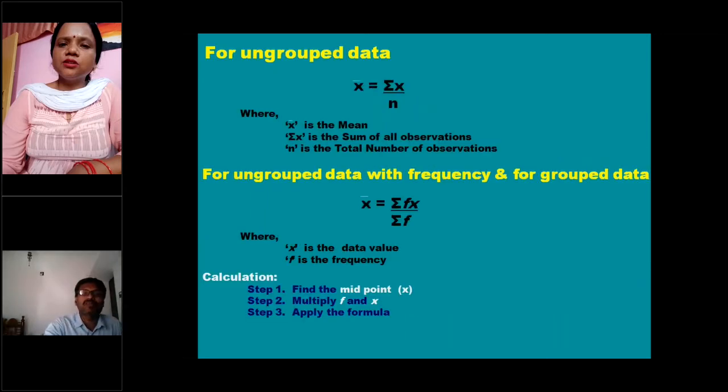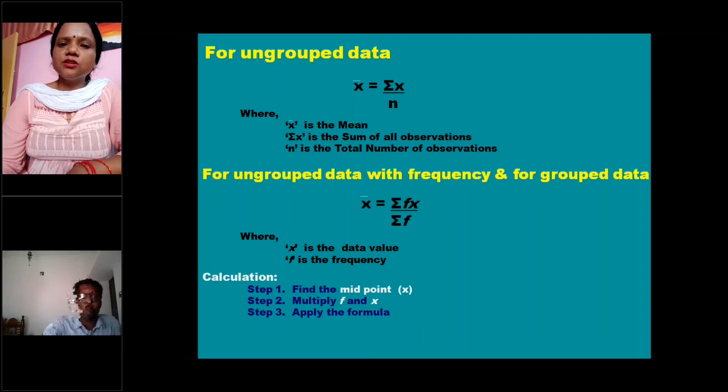So this is the formula. That means mean is sigma x, which is nothing but the sum of all the observations divided by the total number of observations. Let us see the example.